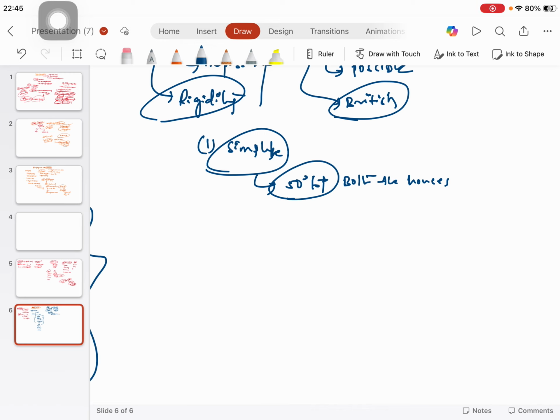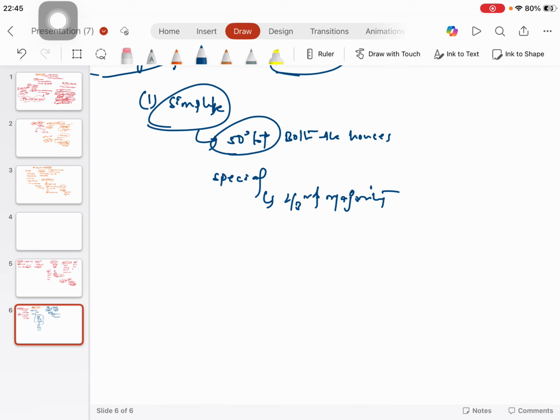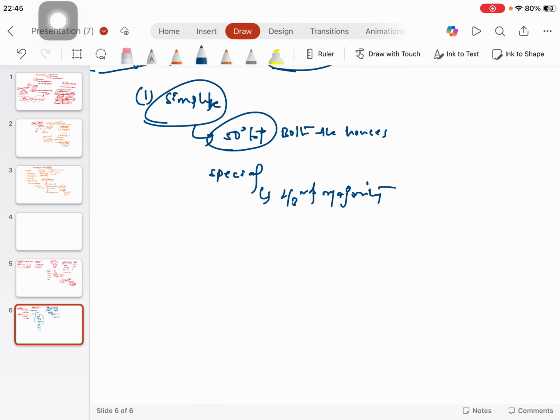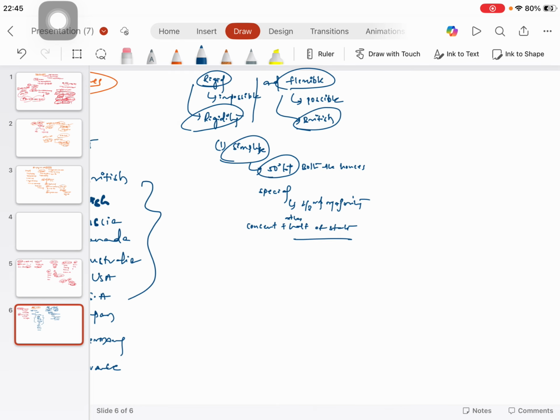Then special majority, which is 2/3 majority, passed from both the houses. There is another case where the states' consent is required: at least half of the states, consent of the legislative assemblies of half of the states.